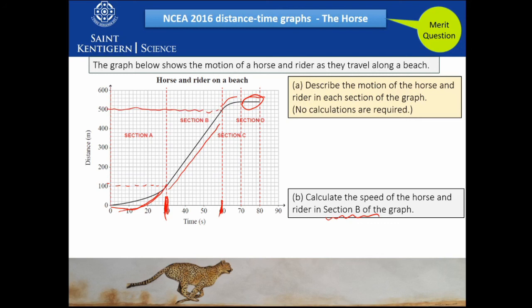Alright, welcome back. So if we look at this, calculate the speed. We know that speed is v equals change in distance over change in time, which gives us distance final minus distance initial divided by time final minus time initial. Our distance ended at 500 meters and we started at 100 meters. So that's 500 minus 100 divided by time, which was 60 minus 30.